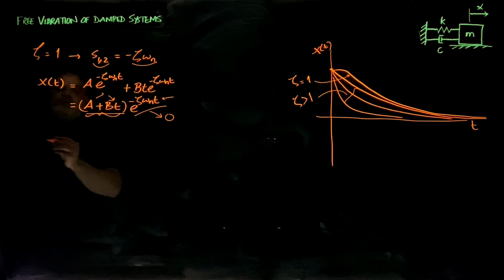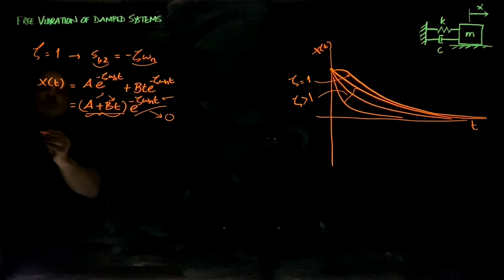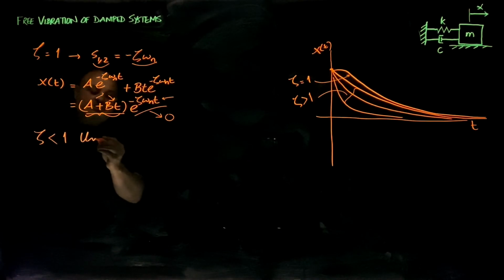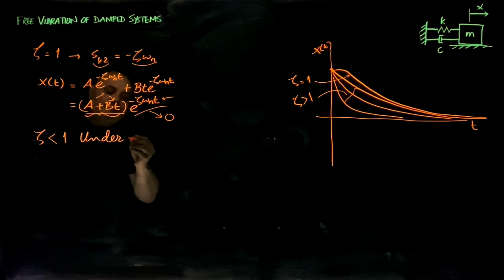Finally, what about the case when zeta is less than 1? That's when the system is underdamped.